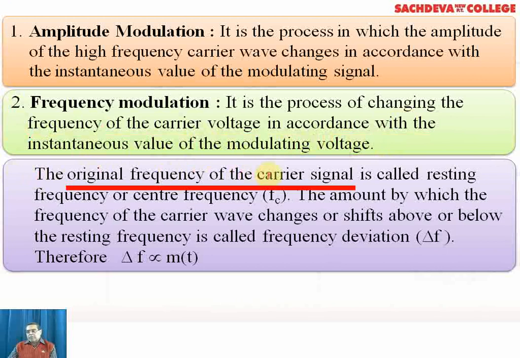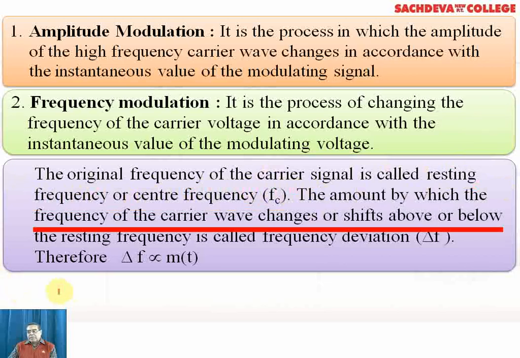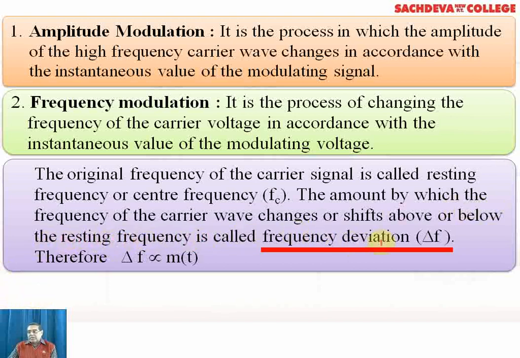The original frequency of the carrier signal is called resting frequency or the center frequency, that is fc. The amount by which the frequency of the carrier wave changes or shifts above or below the resting frequency is called frequency deviation, and small frequency deviation is directly proportional to m(t).